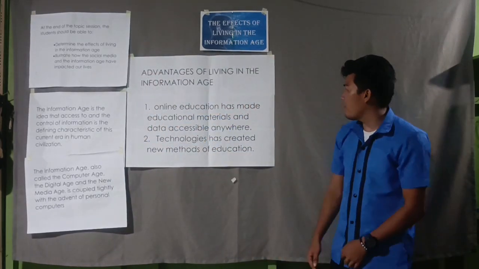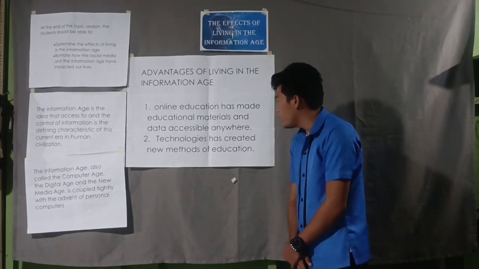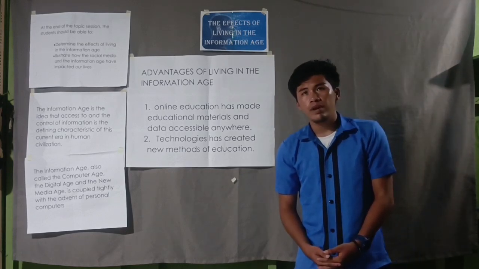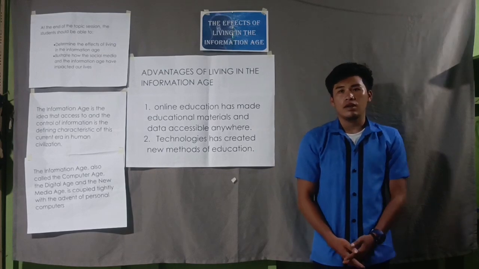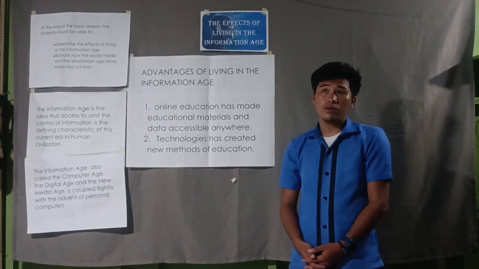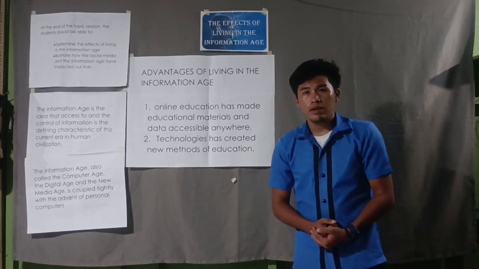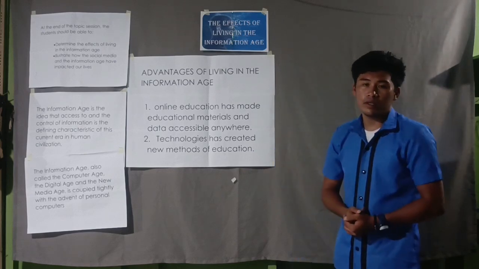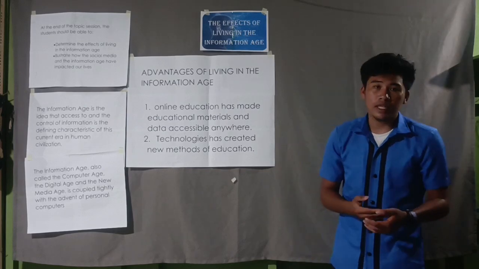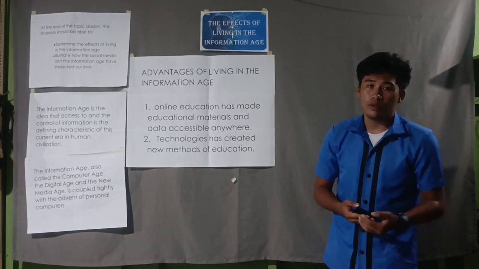Okay, number one, we have online education has made educational materials and data accessible anywhere. Now, we encountered online classes in 2019 to 2022. We made online classes available because of COVID-19. Didn't we have easy access to all our education through the internet?